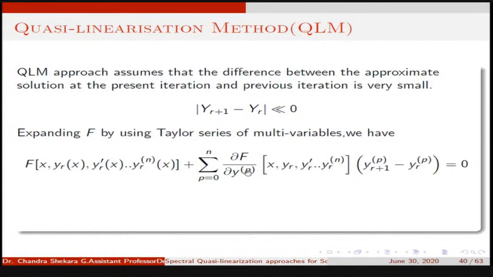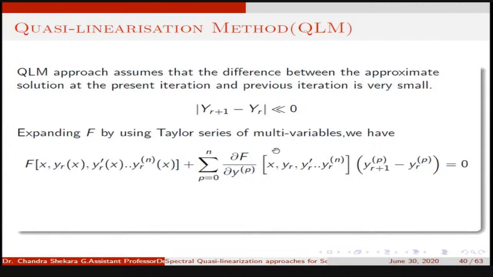So expand that. This is the Taylor series expansion. You observe that since the right hand side of that nonlinear operator is 0, this entire infinite series is equal to 0. Then this first term is the value of the nonlinear operator at Y r, so it is known, and then ∂f/∂y_p.